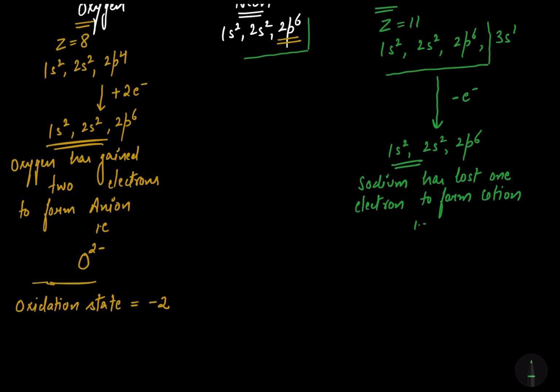So here sodium will have a charge of +1. So the oxidation state is +1 because sodium has lost 1 electron.